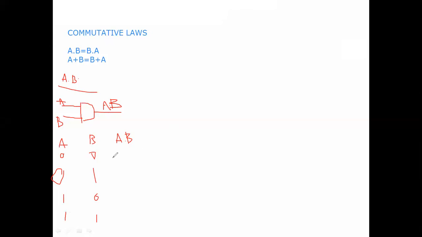So what is A dot B now? 0, 0 means 0. 0, 1 means 0. 1, 0 means 0. 1, 1 means 1. This is A dot B.